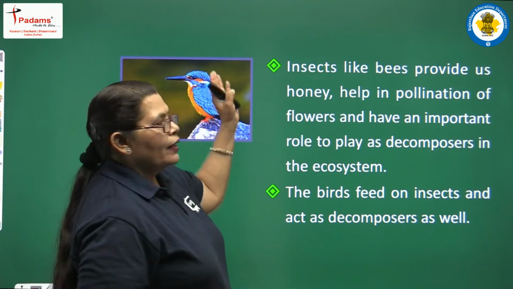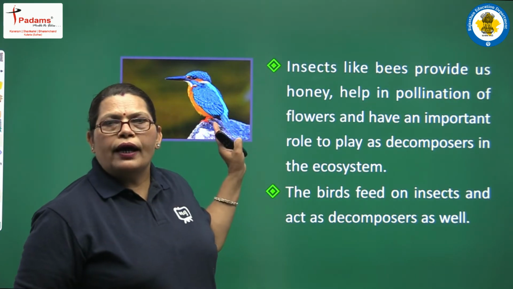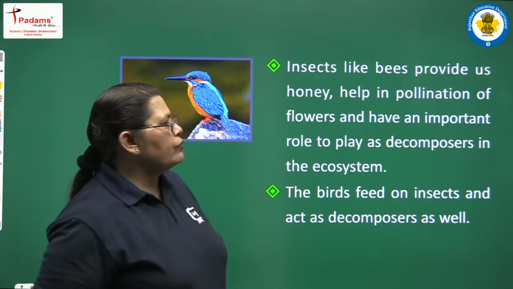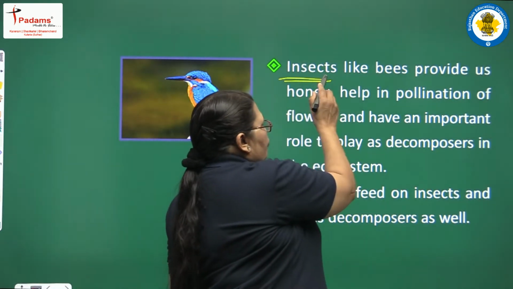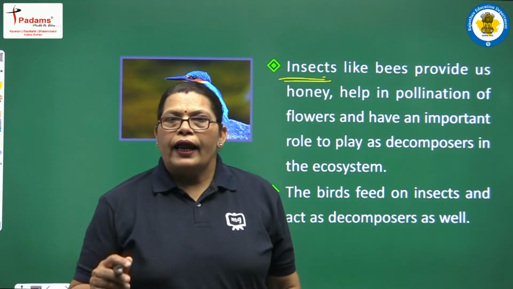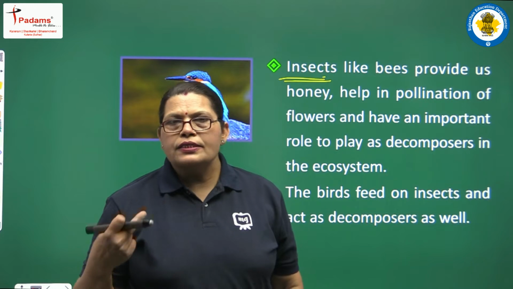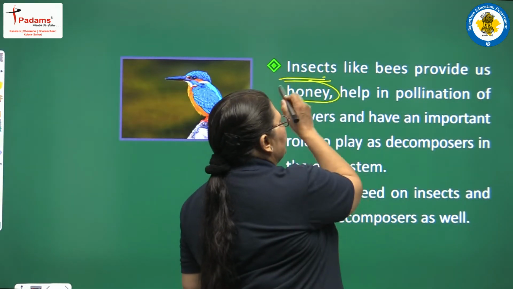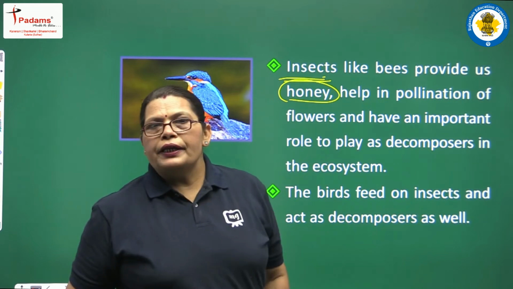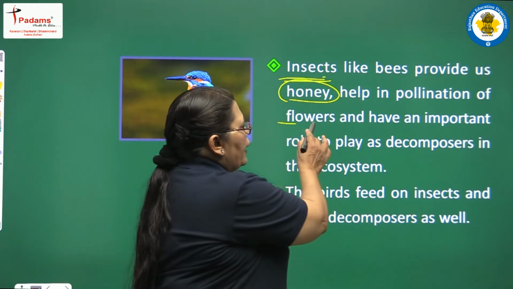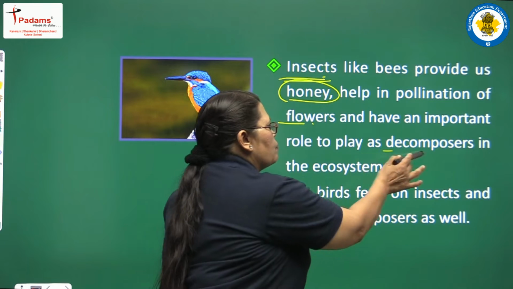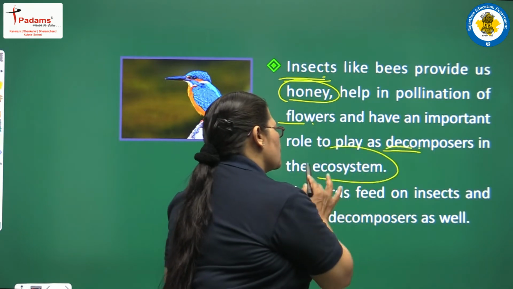See this one, how beautiful is the bird, and the bird is another example of a wildlife resource. See, we have many insects, and one important insect is the bee. Insects like bees provide us honey, help in pollination of flowers and have an important role to play as decomposers in the ecosystem.